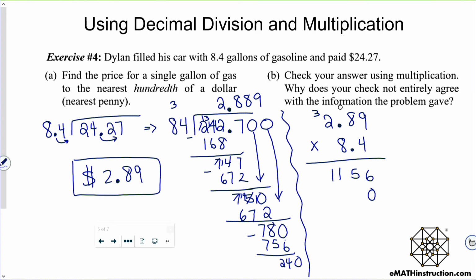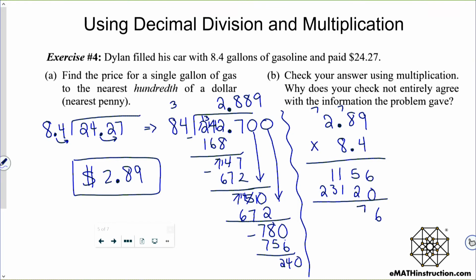Get our 0 here, get rid of these things so that we can see a little bit better. 8 times 9 is 72, carry the 7. 8 times 8 is 64, plus another 7 is 71. 8 times 2 is 16, plus another 7 is 23.